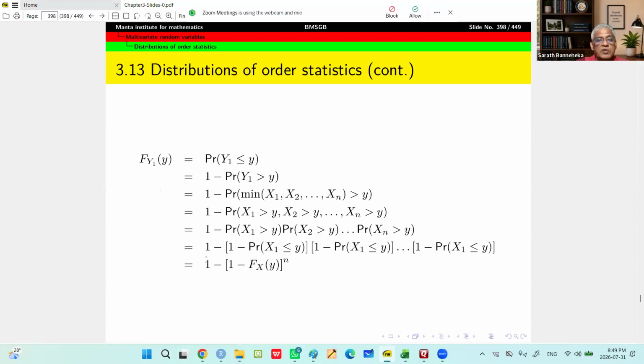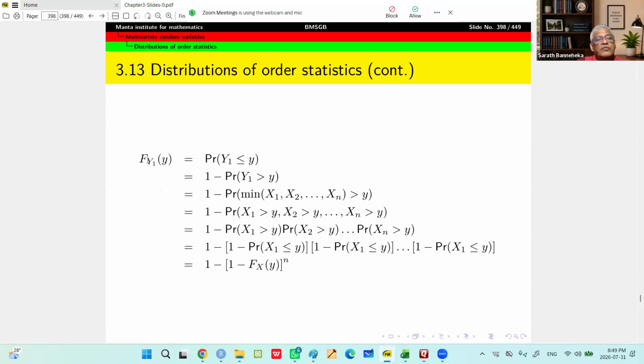So you get the expression (1 minus F_X(y)) to the power n. Therefore, you can now obtain the cumulative distribution function of the first order statistic, or the minimum, in terms of the CDF of X. Once you know the CDF of X, you can get the expression.